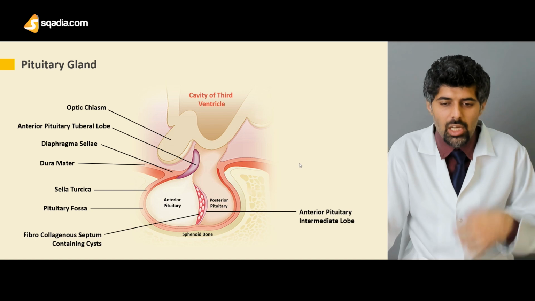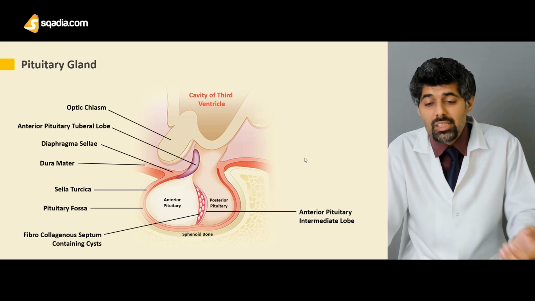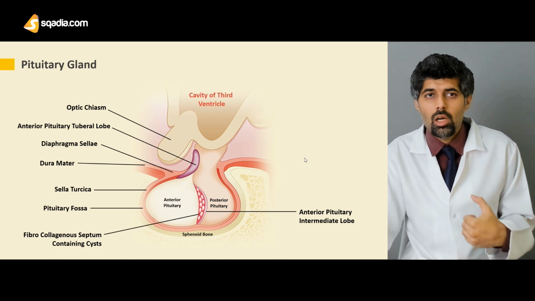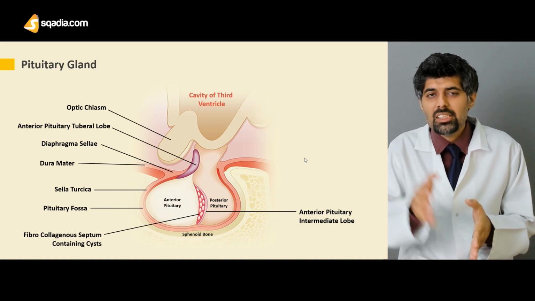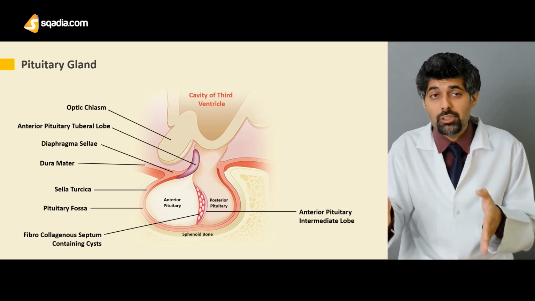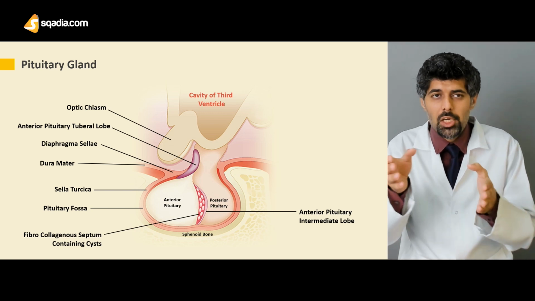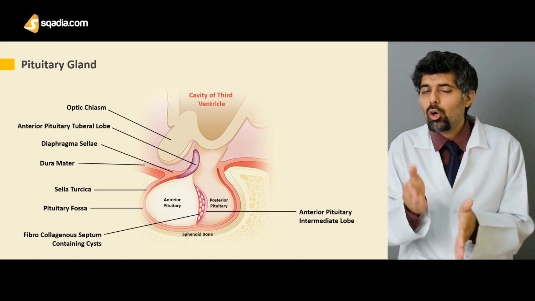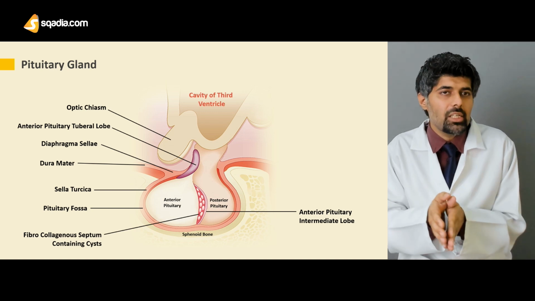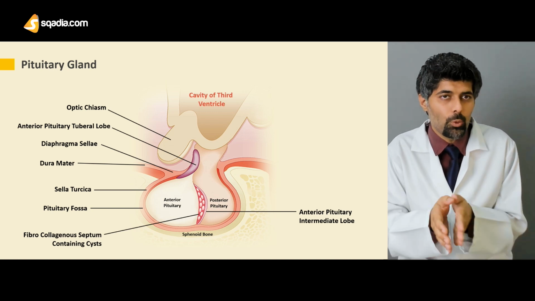Next, we have the anterior pituitary with its intermediate lobe. Now, like I said, the septum is the area which divides both the anterior and the posterior lobe of the pituitary gland. But I also mentioned that there is a median lobe found between both.